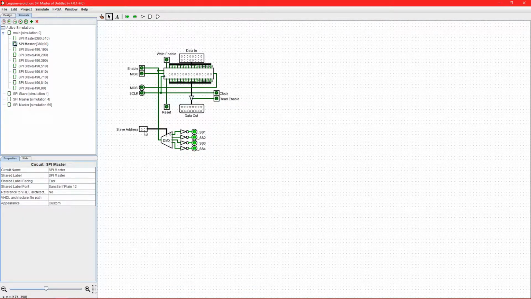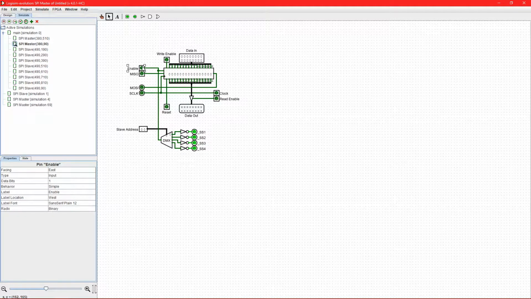And this is implemented via a 2-bit address going into a demultiplexer. And of course we invert the output of the demultiplexer because the slave selects are active low.